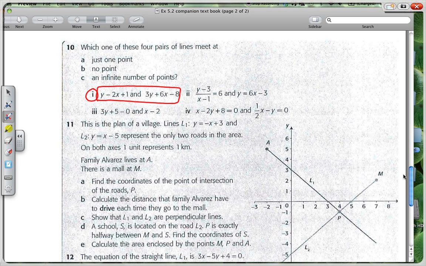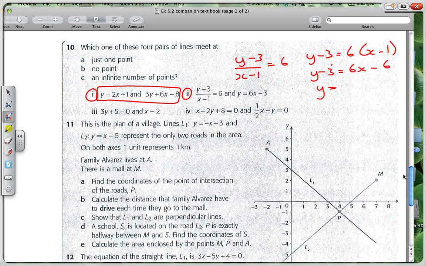But looking at this over here, for question 2, we've got (y minus 3) over (x minus 1) is equal to 6. So we're going to get y minus 3 is equal to 6(x minus 1). We just cross multiply. So y minus 3 is equal to 6x minus 6.